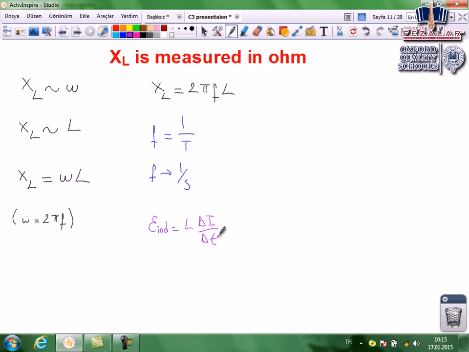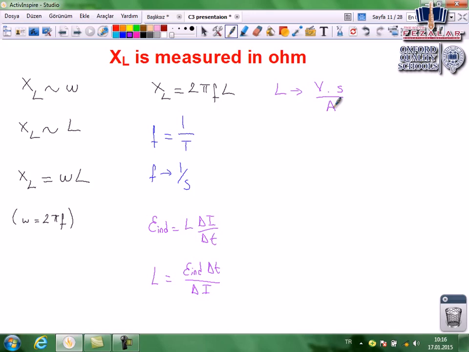That means L will be EMF induced times delta t over delta I. That means the coefficient of self-induction will be voltage times second over ampere.